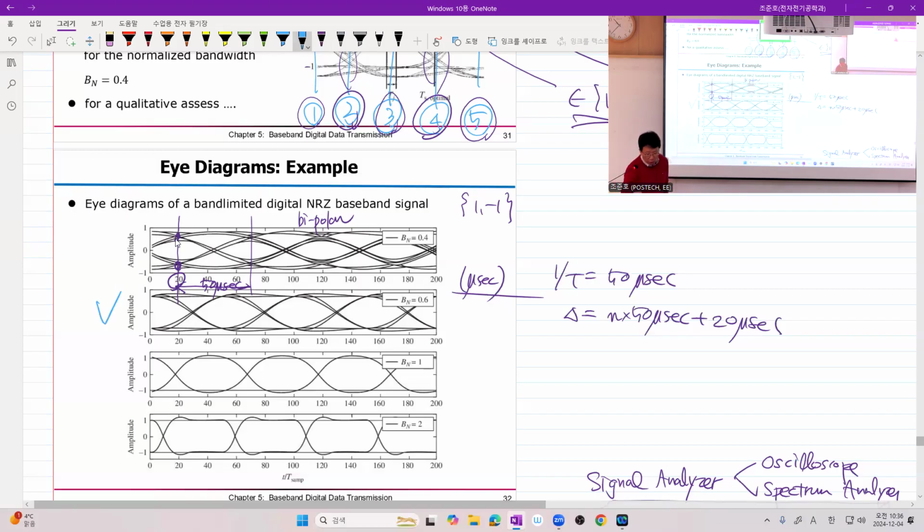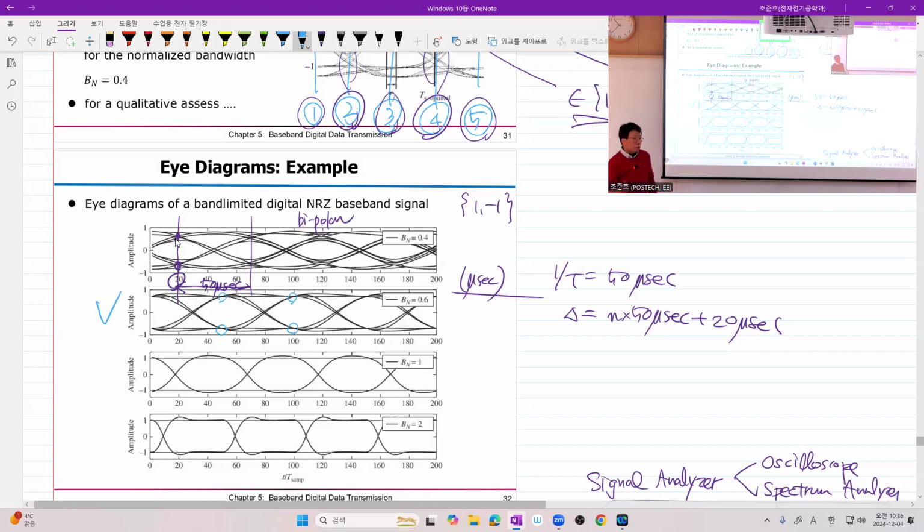What about in this figure? What is the symbol rate and what is the proper sampling offset? And again, you have to find out some place. The problem is that, hey, it seems that here there is no ISI, right? Again, here.